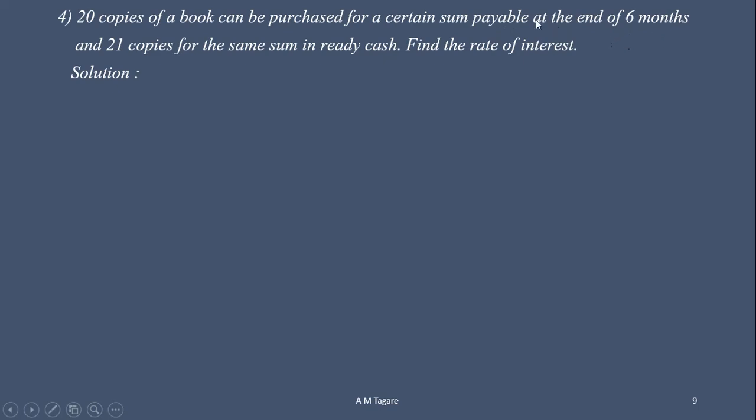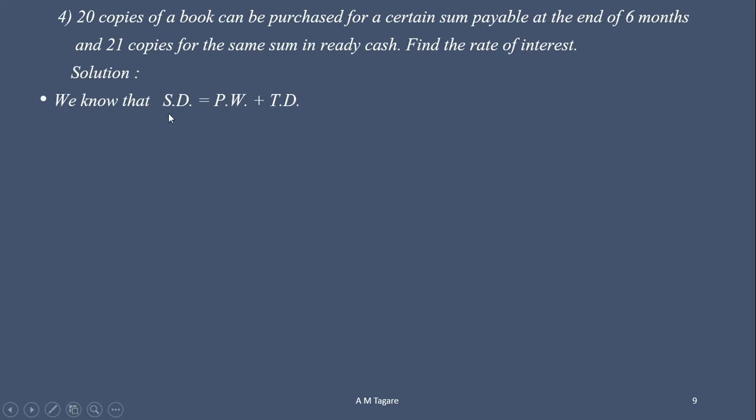That means if 20x is the present worth, then we have to calculate the sum due of this 20x payable at the end of 6 months, if we consider the rate of interest as R, at R%. So first we consider the given things.